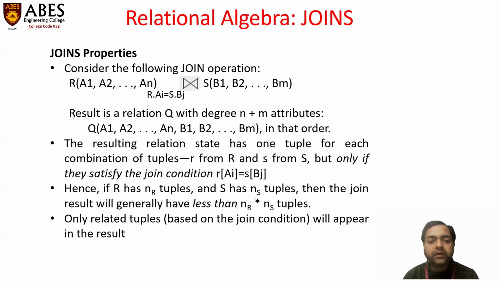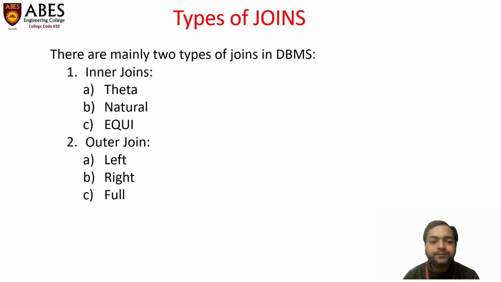But in case of join, if R has n number of tuples and S has m number of tuples, we'll get a resultant relation with less than or equal to n into m number of tuples. Why? Because in case of the join operator, only the related or matched tuples will appear in the result. If a particular tuple does not have a matched tuple in the other relation, it will not be included in the resultant relation, right?